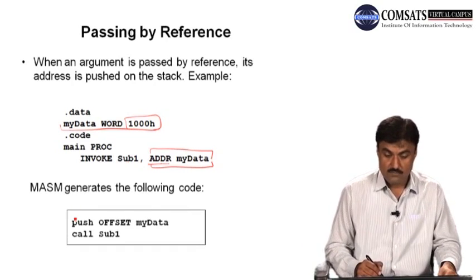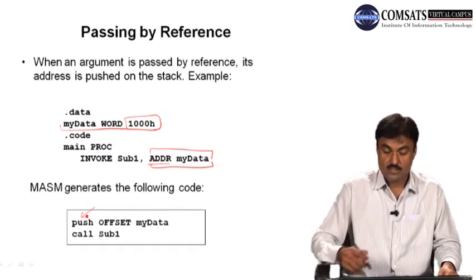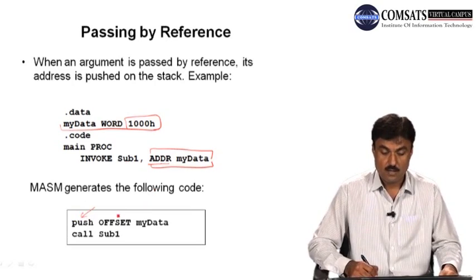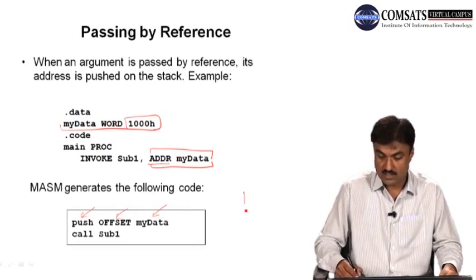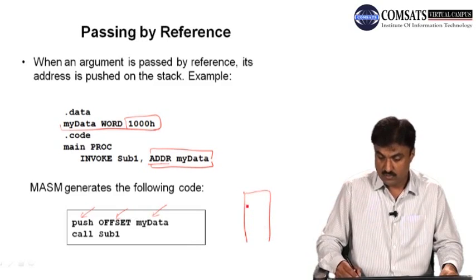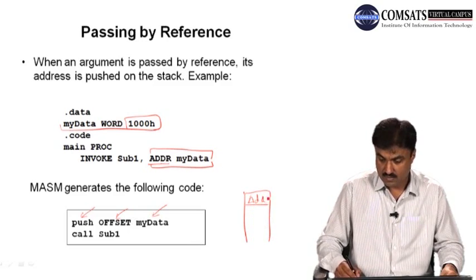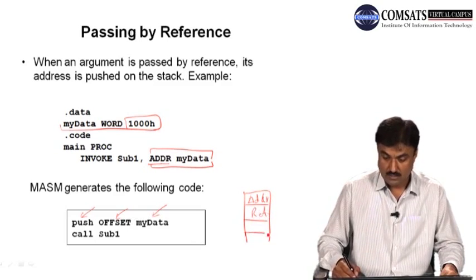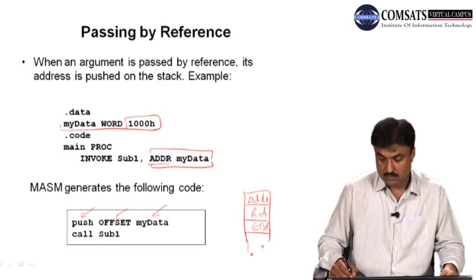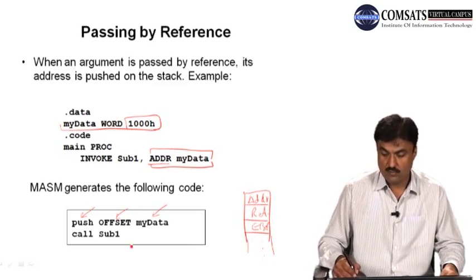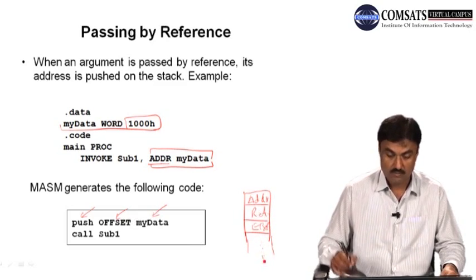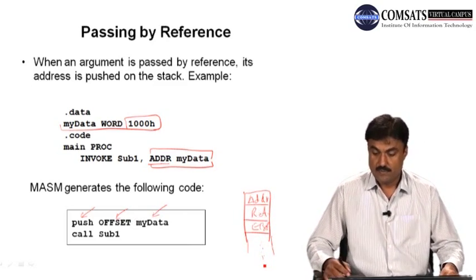Here you can see it will use the instruction push offset of my data. So the address will be pushed inside the stack, so here will be the address, and then we will have the return address. Then we will have the EBP base pointer, and so on. If there are some local variables, they will be pushed here inside.